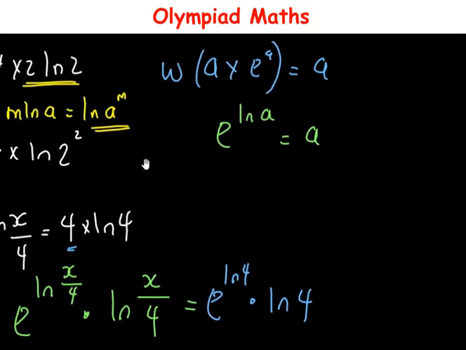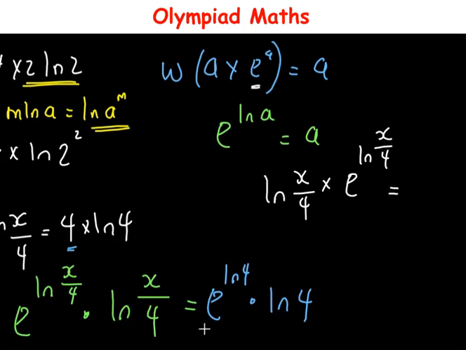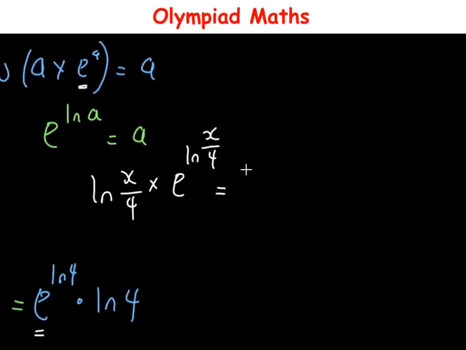Now, looking at this Lambert W function, you will notice that e is in the second place. So move this e to stay in the second place. We have this. So we have ln x over 4 times e raised to power ln x over 4 is equal to, same thing here also, move e to stay in the second place. We have this equals ln 4 times e raised to power ln 4.